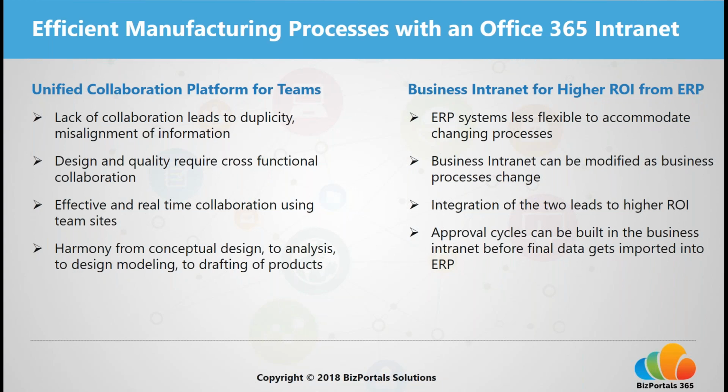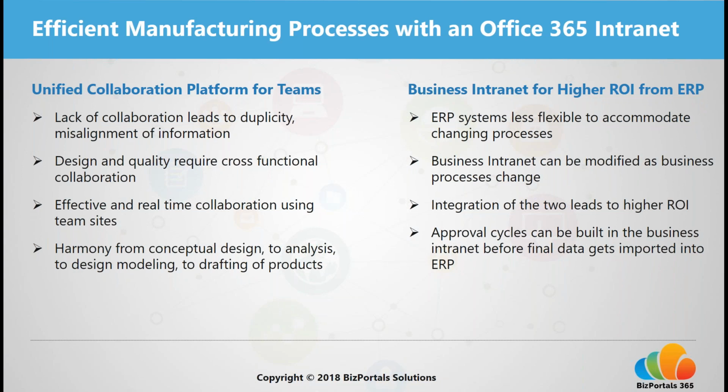All the data starts showing up in one platform, and also a lot of design and quality aspects require a lot of cross-functional collaboration, and you can bring those documents, drawings, and production plans. You can collaborate on all of those in a department or team site on an Office 365 intranet.